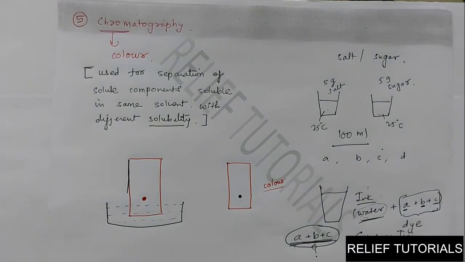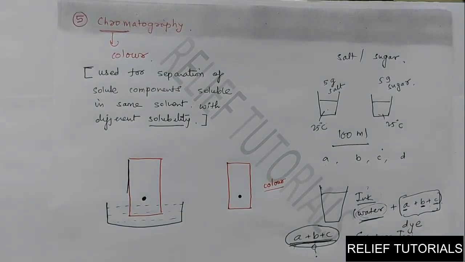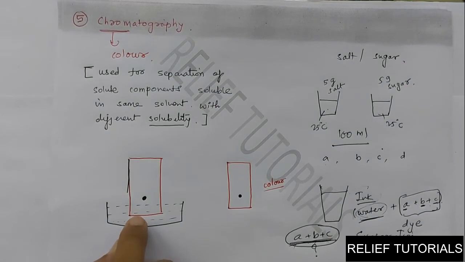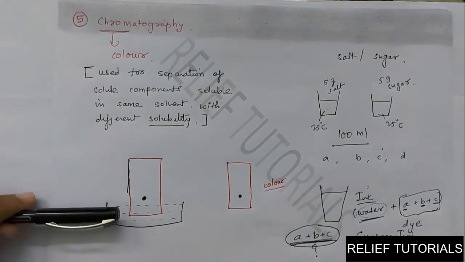The dot which contains 2 colors simultaneously, red and black. So this dot contains 2 types of particles, red and black. Now just keep the dot slightly above the water level. Look at this. The water is not going to touch here. The dot is slightly above.